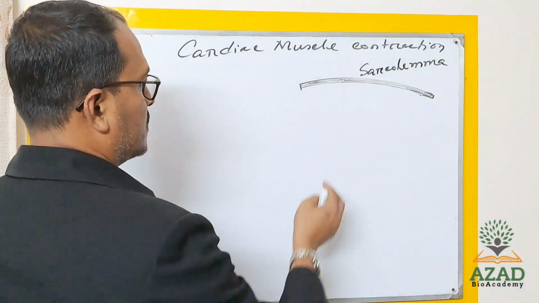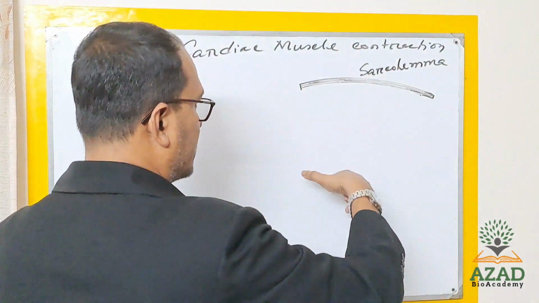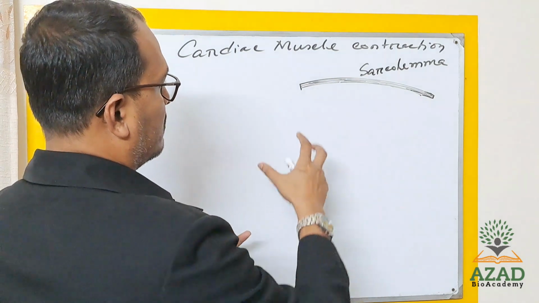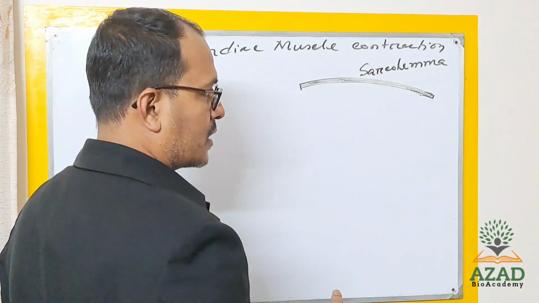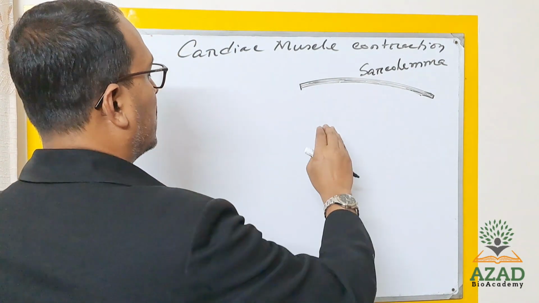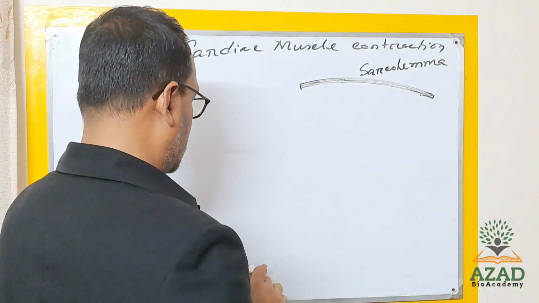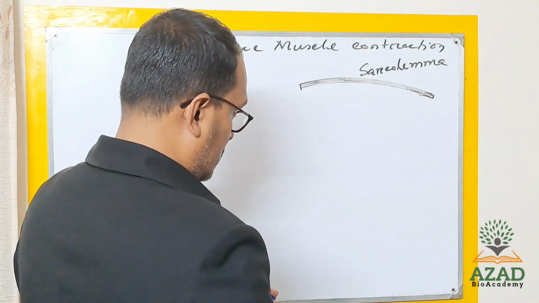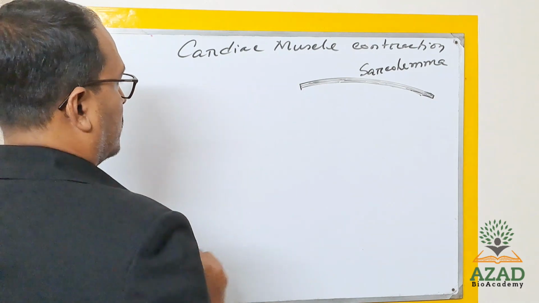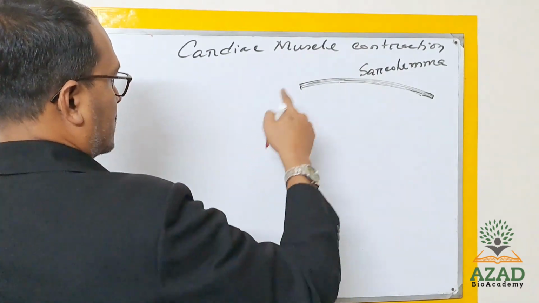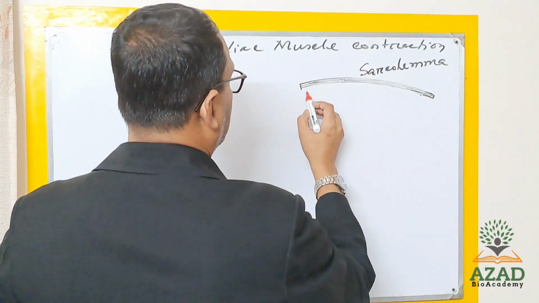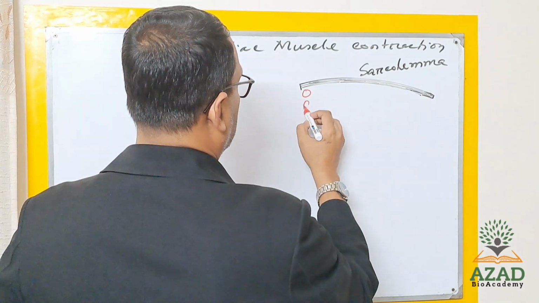Okay, so this is the membrane. Inside the cell, multiple cellular organelles will be there. Within the sarcolemma, that means within the cardiac cell, several myofibrils are there.